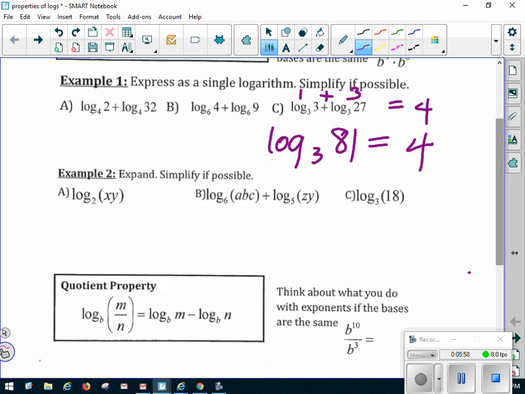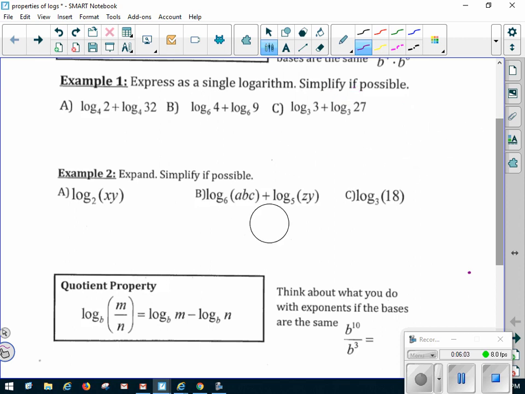Now the one in the middle is not that easy, because I don't have a clue. 6 to what power equals 4? I don't know how to rewrite them with the same base. But I do know this. 4 and 6?